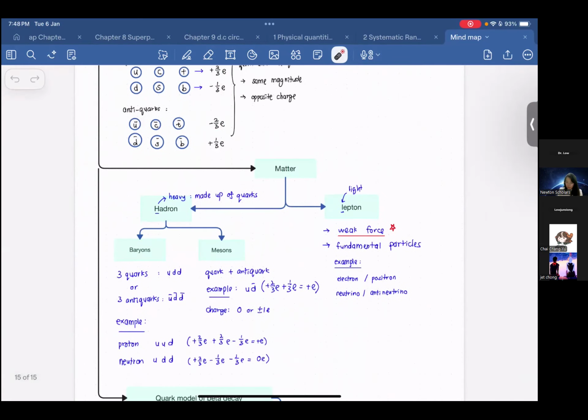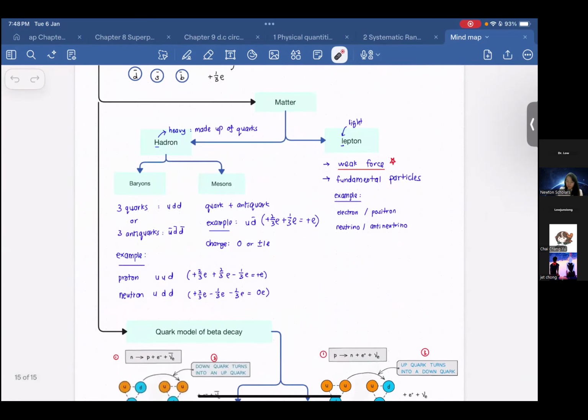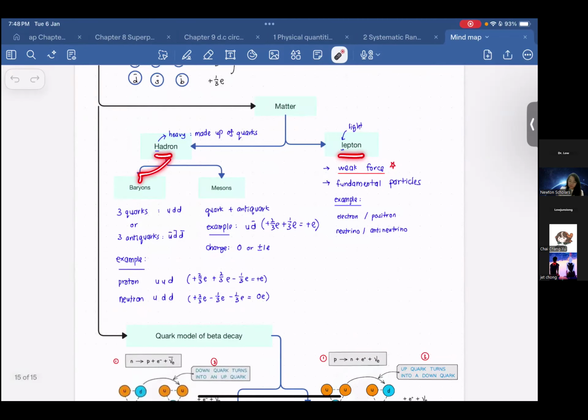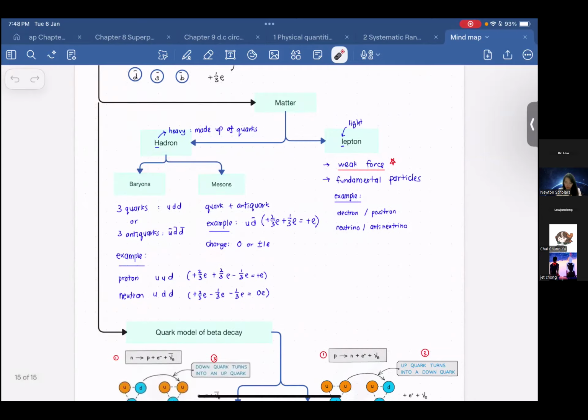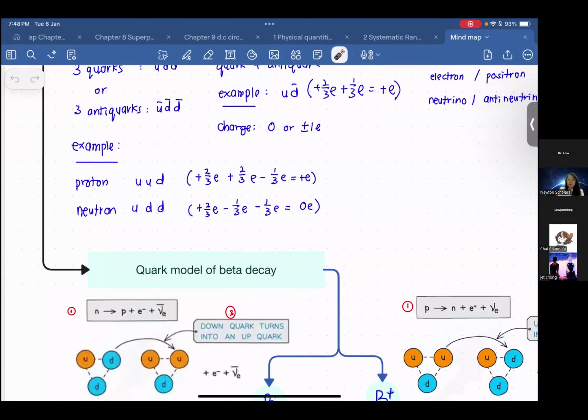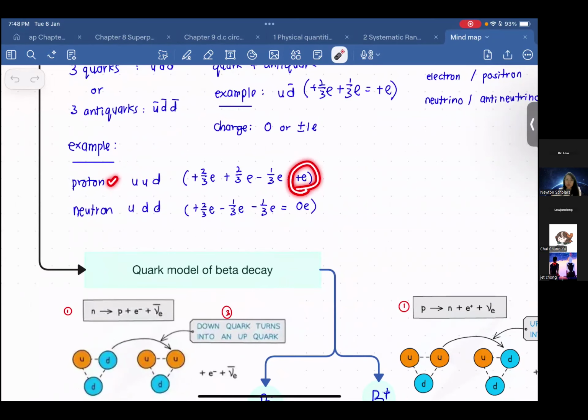Then how we classify them, in hadron, then lepton, then hadron we classify into another two groups again, like this. Then after that, how come the proton, we say proton is a positive charge, so we never think about how we get this positive charge, but in Year 12 we need to prove it. So proton is actually made up of up and down quarks.